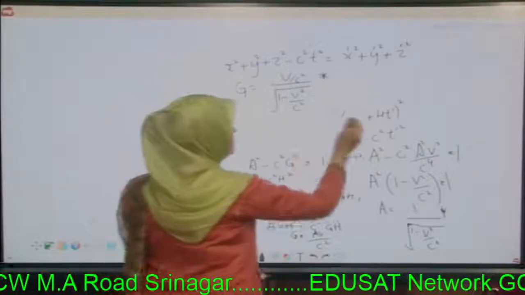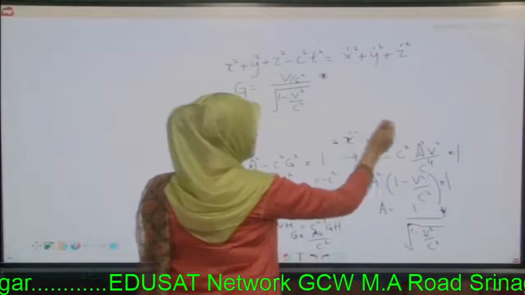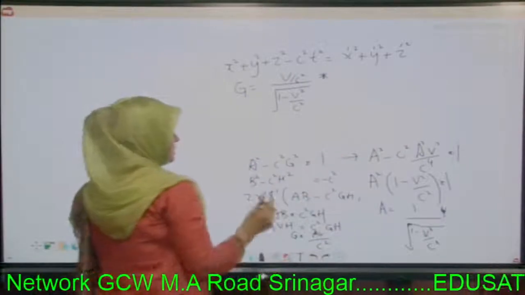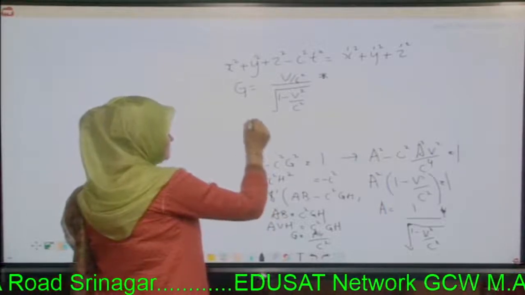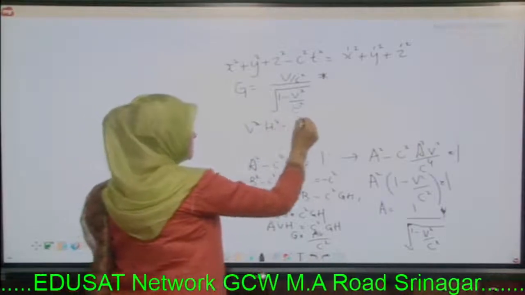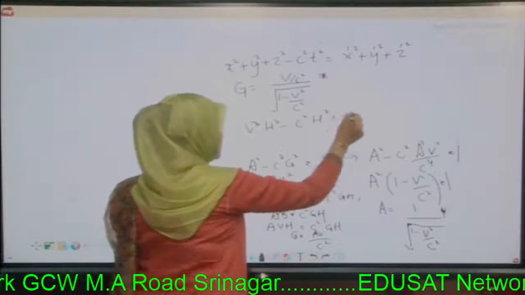We are making one common substitution in all equations, that is b is equal to vh, and that is benefiting us a lot. So for b again we will write vh, so it is v square h square minus c square h square is equal to minus c square.